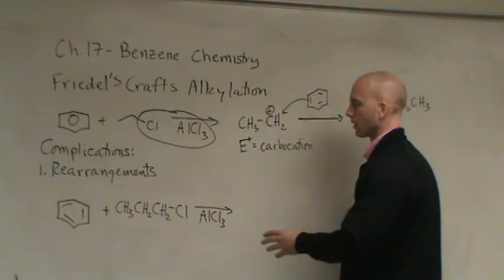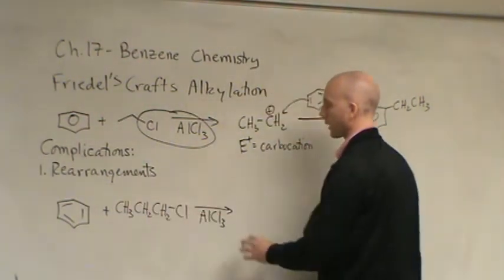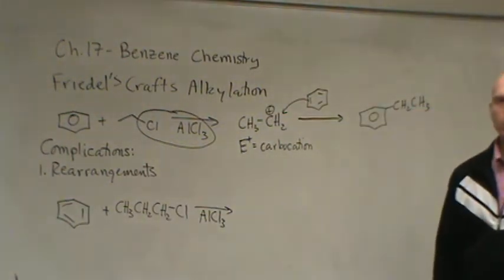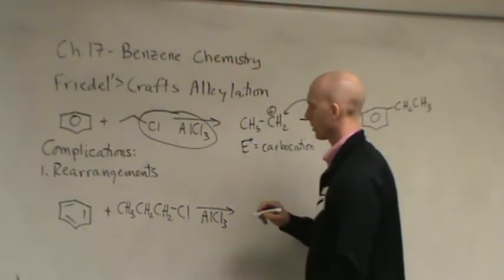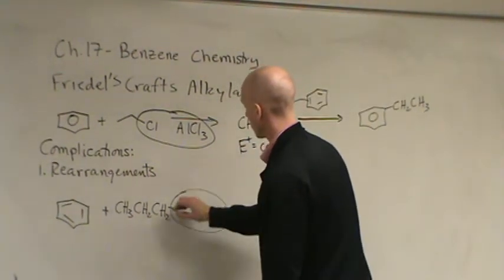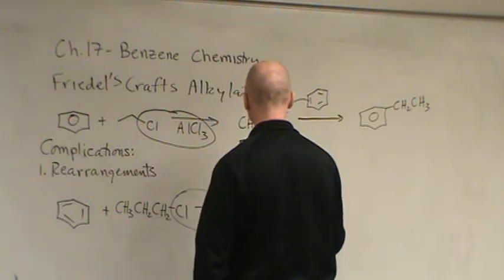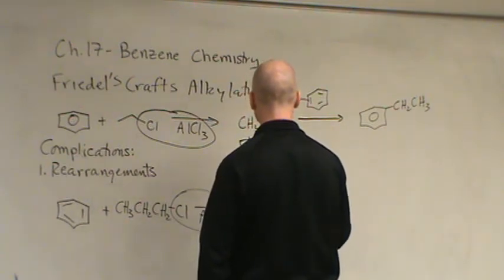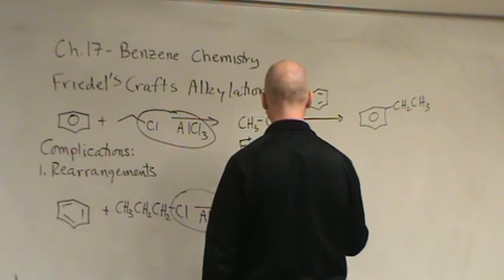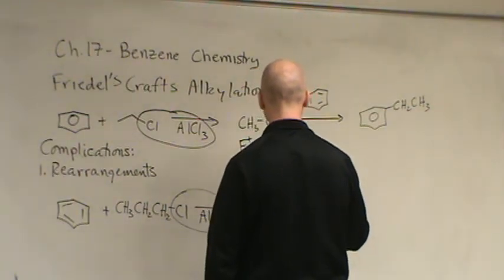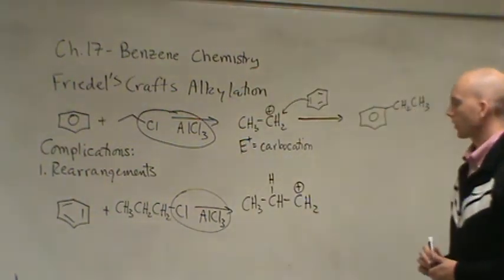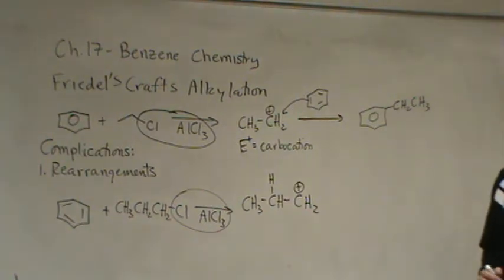When this 1-chloropropane and aluminum trichloride react, it takes the chlorine off and we get this carbocation here.